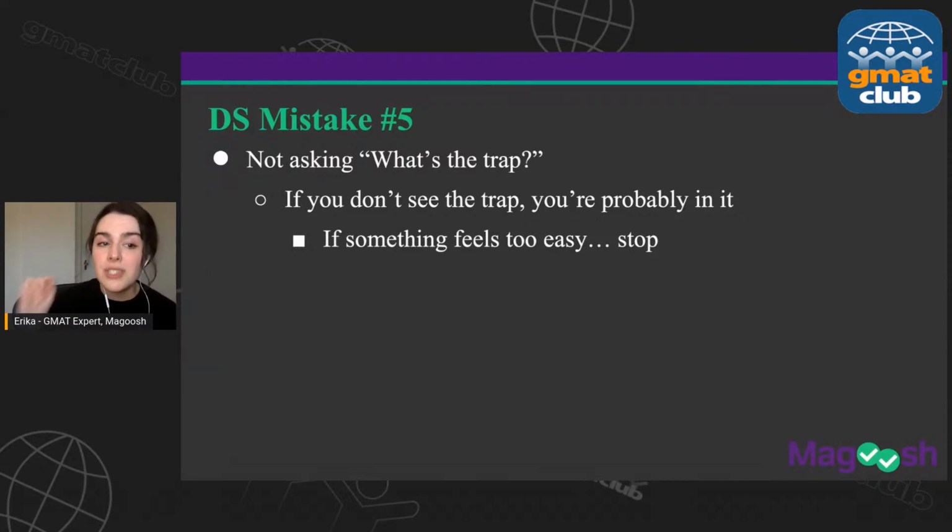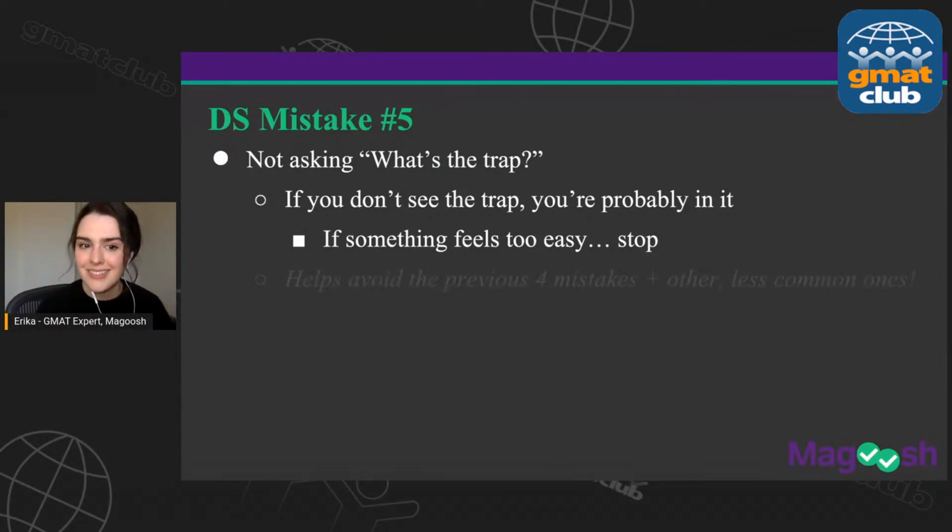So if you don't see the trap at a given point in the problem, you're probably in it. All right. Definitely test my patience too. You're right. We need patience and we need critical thinking. So for every bit, be patient. Don't jump ahead. Don't get excited. If you're too excited, you're probably making a mistake. Go, what? What's the trap?